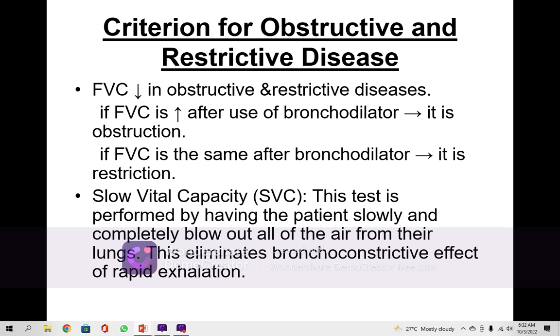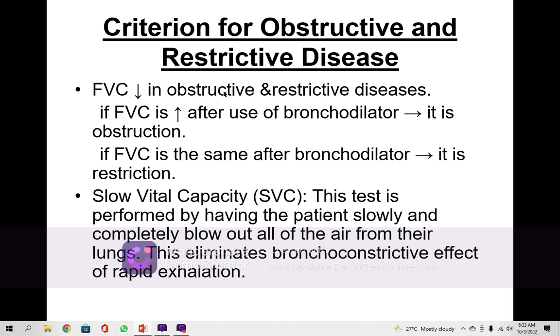The criteria for obstructive and restrictive lung disease follow a general formula: the forced vital capacity is much reduced in obstructive diseases, and only minimally reduced in restrictive diseases. If forced vital capacity increases after pharmacological bronchodilation, then it is confirmed that it is obstruction.